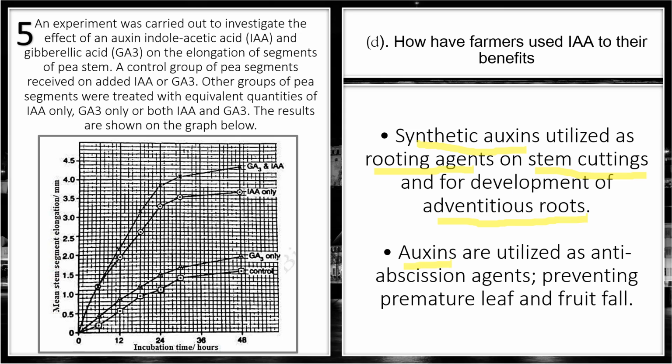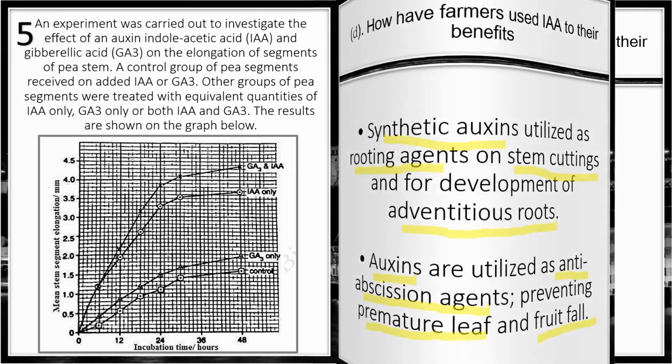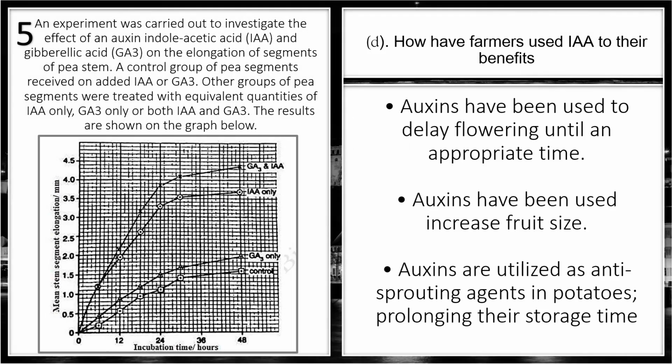The auxins are utilized as anti-abscission agents, thus preventing premature leaf and fruit fall. Auxins have been used to delay flowering until the appropriate time.